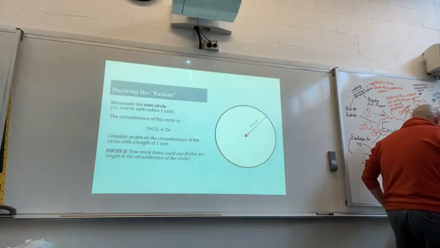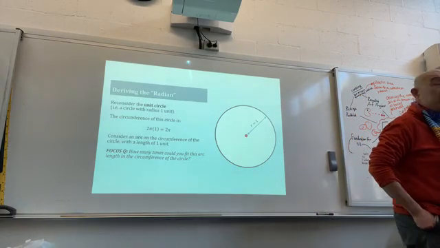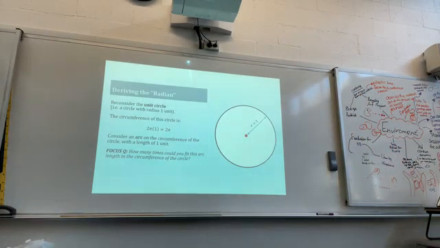Now, let's start off looking at how we could derive the radian. Back to your unit circle. A unit circle is a circle with a radius of 1 unit, and you know that the circumference of this circle is therefore 2 pi times 1, which is 2 pi.